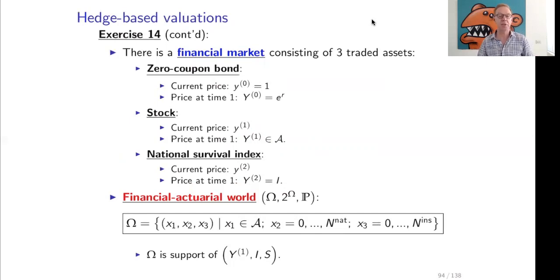So the national survival index has a current price y2 and pays you the number of survivors in the national population at time 1.